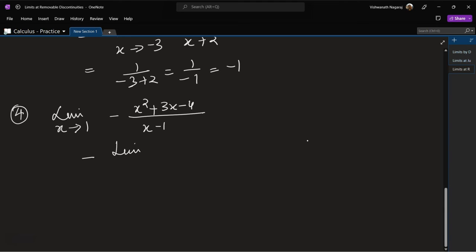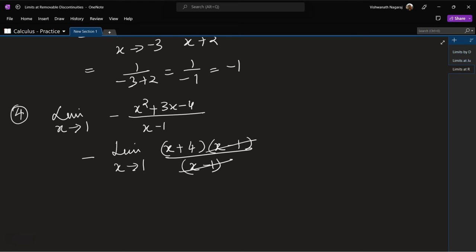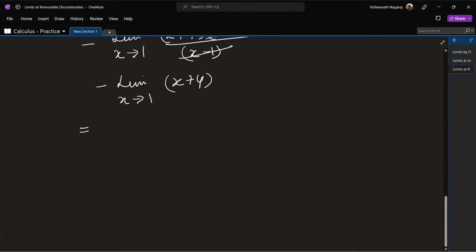Take minus out. x approaches 1 of x square minus 3x plus 4, and this becomes 4 ones are 4, so this will be positive and this will be negative, divided by x minus 1. So this cancels out, and we are left with limit as x approaches 1 of x plus 4. We can do direct substitution. So this becomes minus 1 plus 4, which is equal to minus 5.